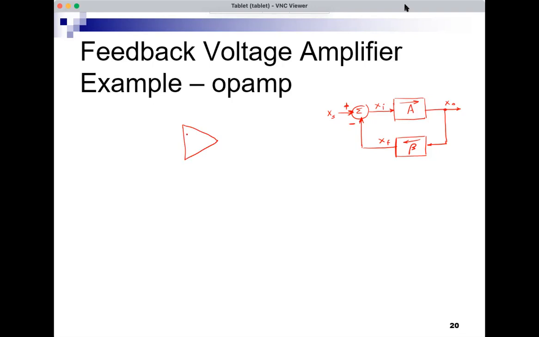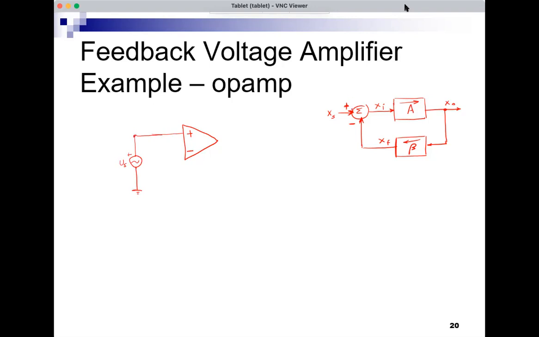It can take two inputs and produce an output which is proportional to the difference, and therefore it's kind of calculating the difference between them, it's subtracting them. All right, so this is my XS or VS, voltage in this case.